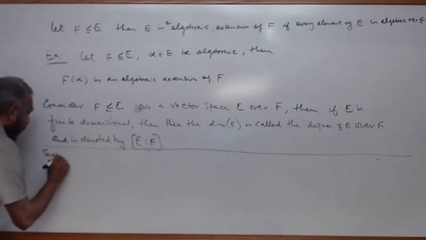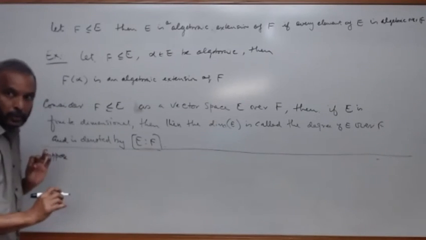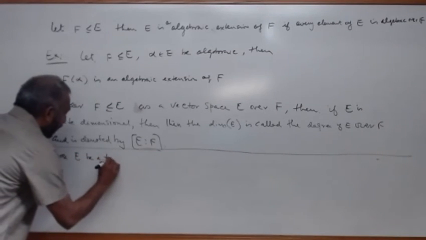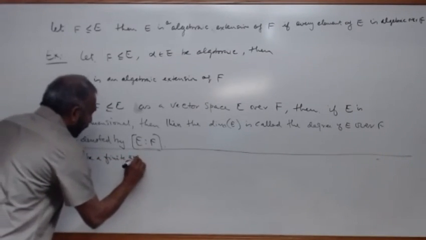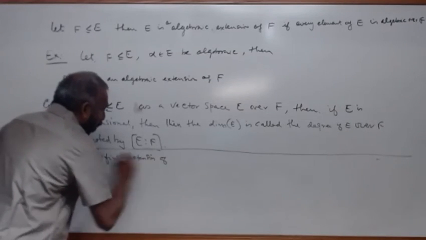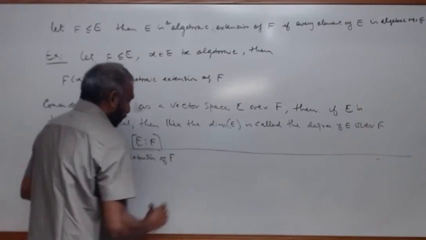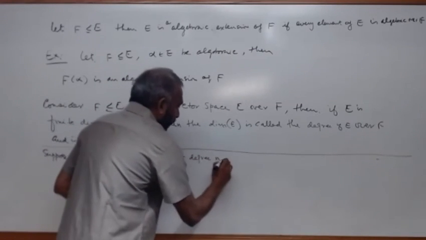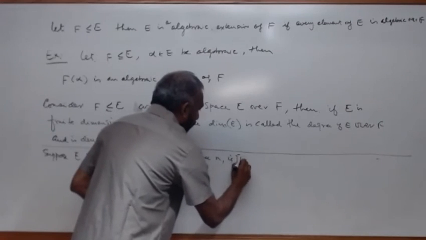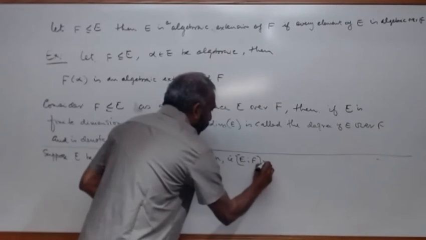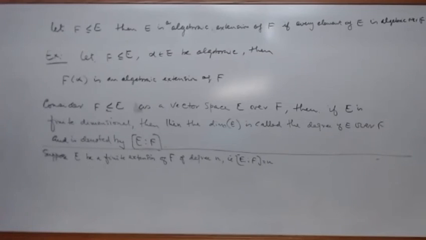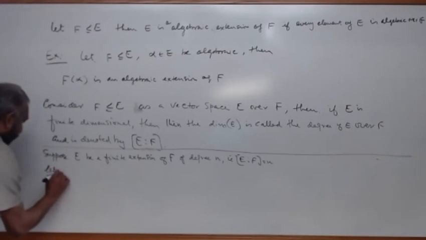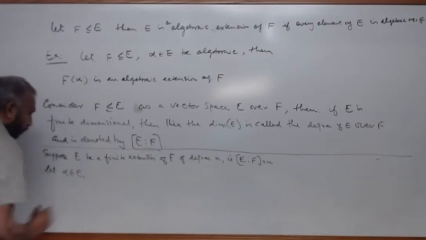Suppose E is a finite extension of F of degree n, that is [E:F] is equal to n. Now take any element from E, let alpha belong to E.